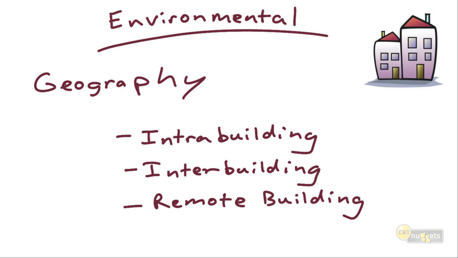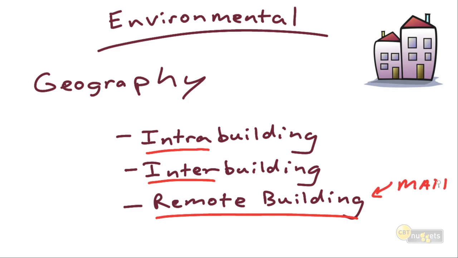Now, the last category of overall design factors for the enterprise campus would be environmental. Take, for instance, geography. We typically recognize designs that are going to be intra-building as opposed to designs that are inter-building, as opposed to designs that are going to incorporate some remote buildings. We know the particular term for that type of environment is a metropolitan area network. But think about it. Whether you're dealing with inside buildings or between buildings is definitely going to influence the elements of your design.